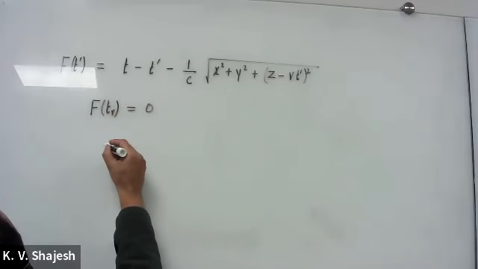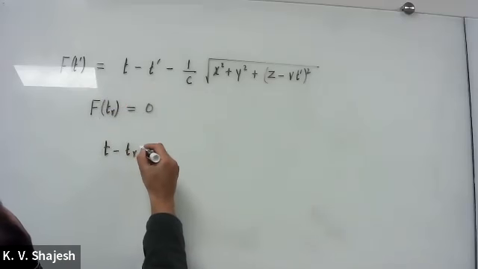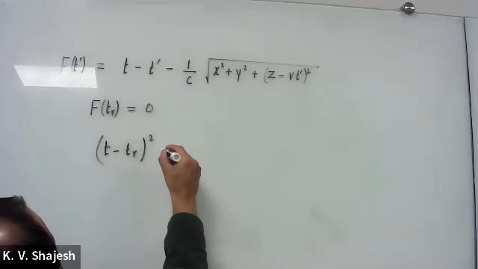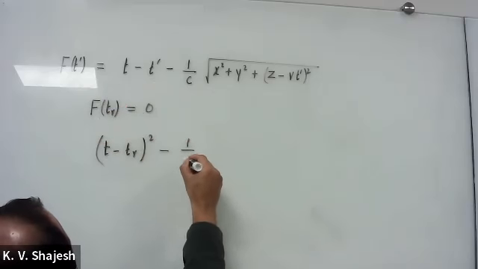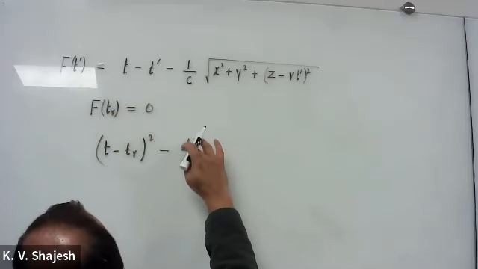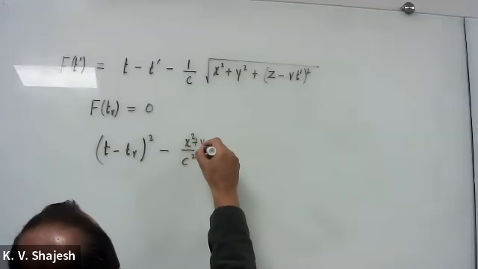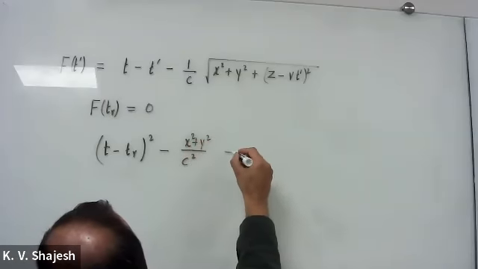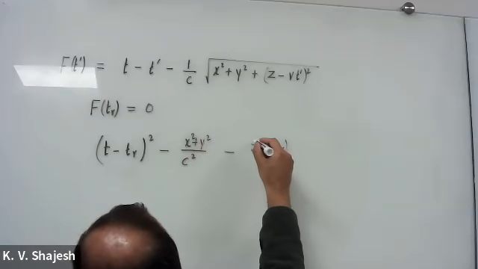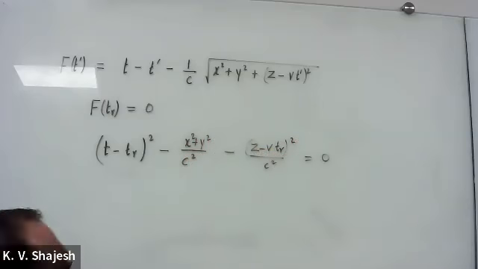So let's square that, right? It's a standard thing you will do. (t minus t_r) squared minus 1 over c squared times (x squared plus y squared plus (z minus v t_r) squared) is equal to 0.